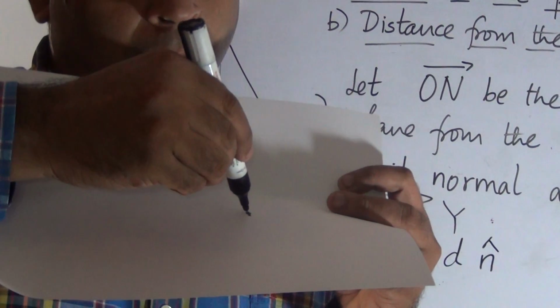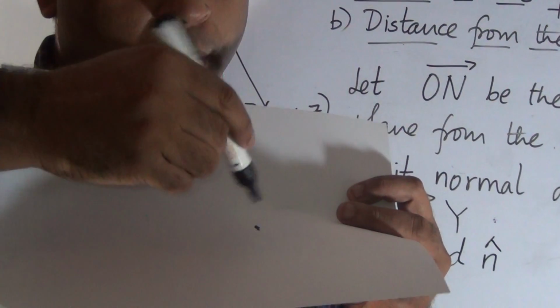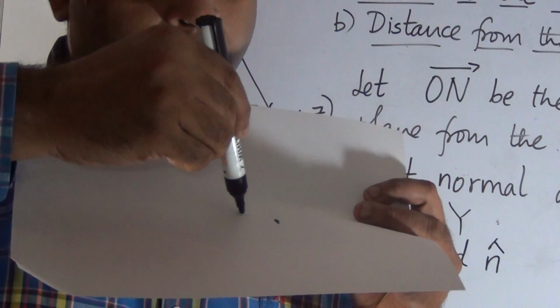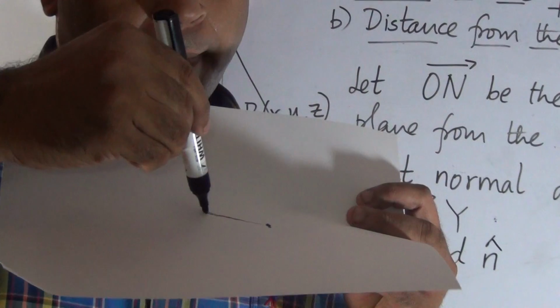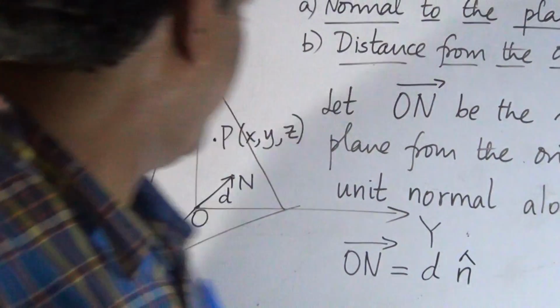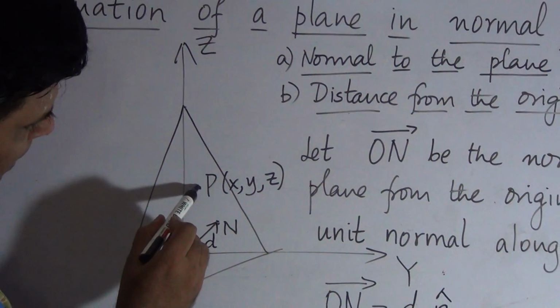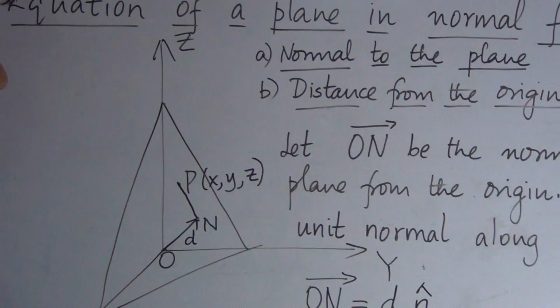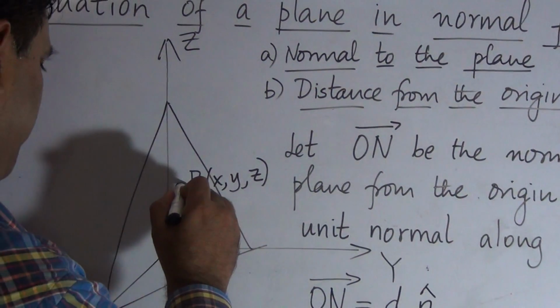If I join the line from P to N, what can I say for sure?